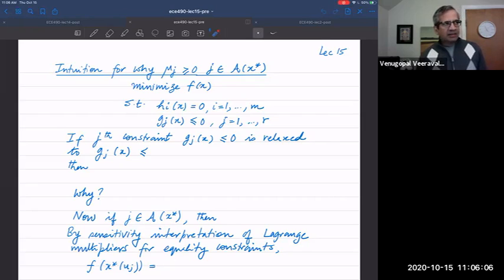There's a picture in the book that tries to illustrate this idea, but I decided that picture was not completely accurate because it shows a constraint set that's convex, whereas this result holds more generally.